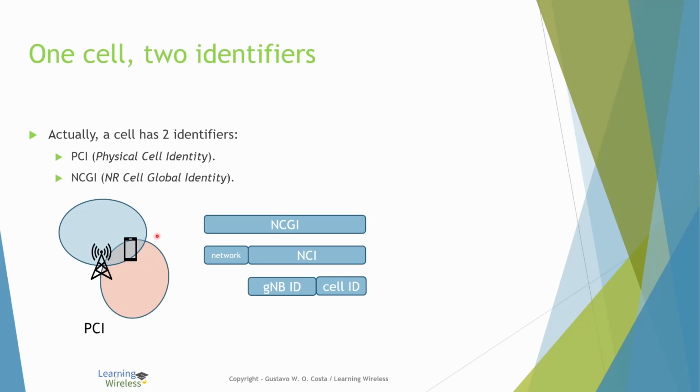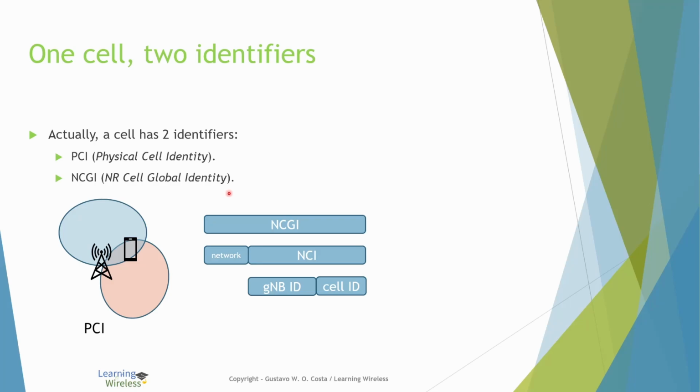For example, for the sake of measurements, it would be important that the device is able to report what's the signal level strength for the blue cell and what's the signal level strength for the red cell. And in this area, then it would use this PCI to basically distinguish where the signal is coming from.